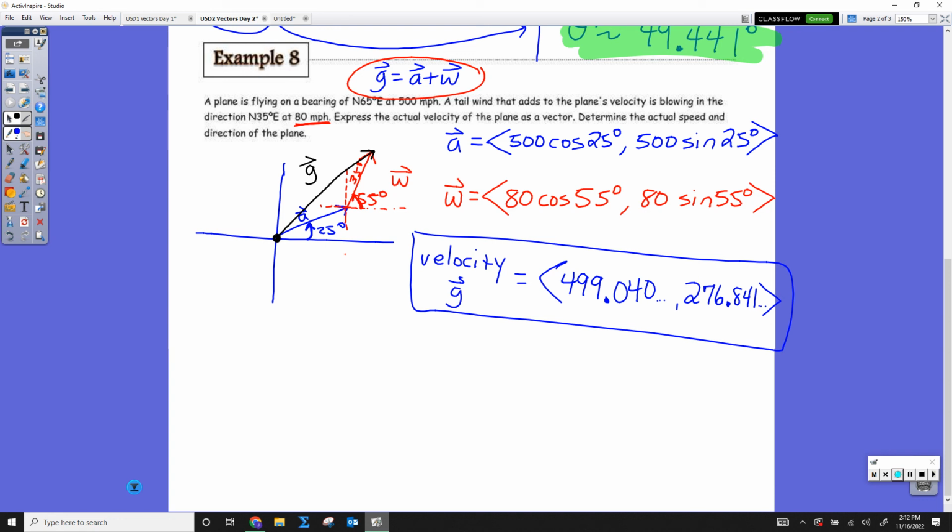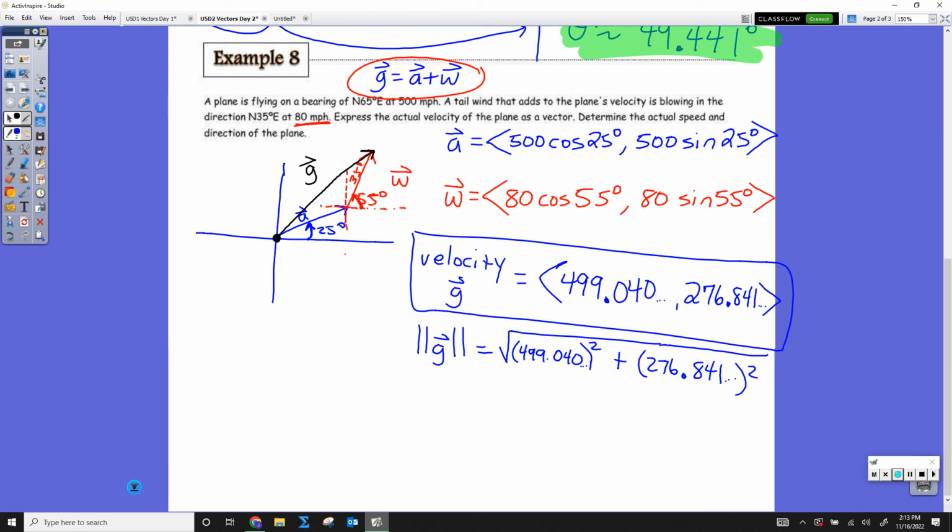Now it says determine the actual speed. Well, the speed would be the magnitude of our vector, which I'm saying is G right now. So we're going to do the square root of all that stuff that we did earlier, the 499.040, dot, dot, dot. Make sure you recall it in your calculator, squared, plus the 276.841, we're going to square that.